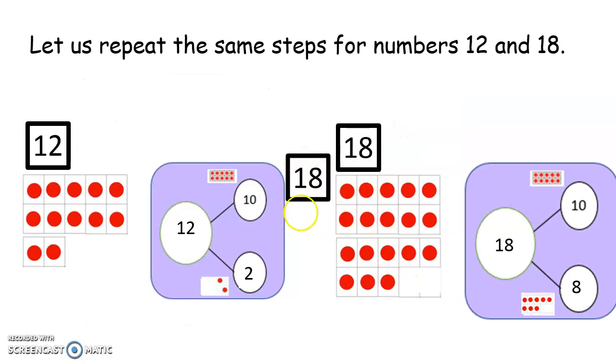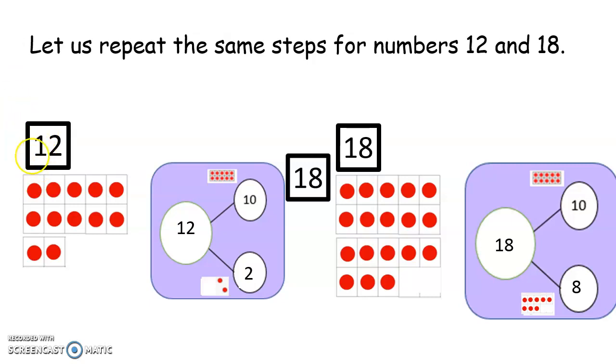Now let us repeat the same steps for the number 12 and the number 18. So we know the number 12 is here, so we put that in our big circle right here. We know we've got how many groups of tens in 12?